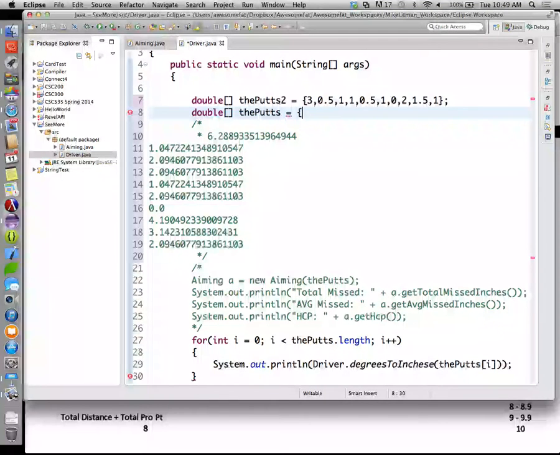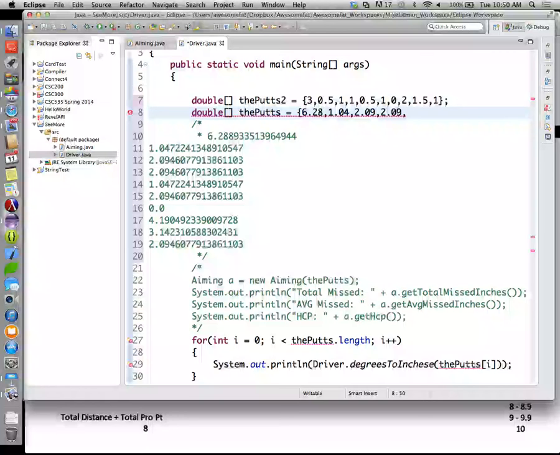So this is 6.28, then 1.05, we'll just truncate, 1.04, then 2.09, and realistically, nobody's going to measure putts this accurately.